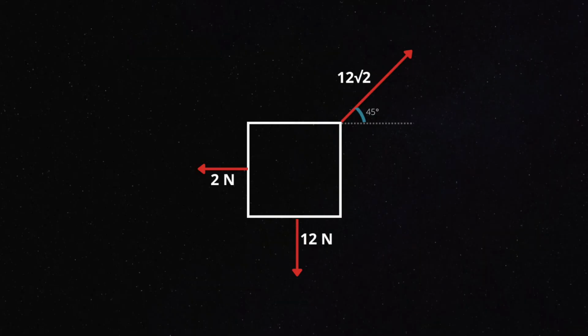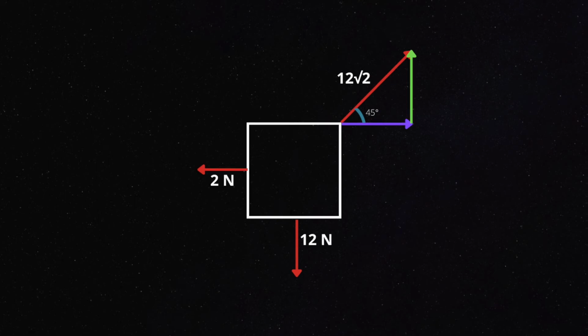But what do you do if there's a diagonal force? The best way to analyze forces is to look at horizontal and vertical forces separately, because they cannot affect one another. So, when you're looking at a diagonal force, the best thing to do is split it into its horizontal and vertical components. To do this, draw a horizontal line originating from the object and the tail of the diagonal arrow.